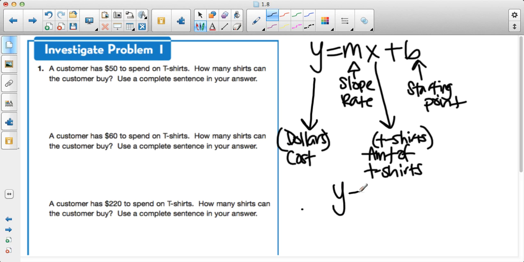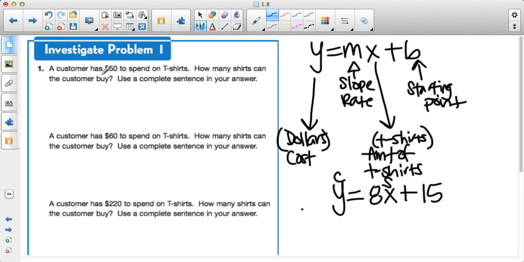I know y equals, well, what I'm multiplying consistently by my t-shirts was 8 times my x plus, and my starting amount is 15. So my whole formula is y equals 8x plus 15. If you want to use cost for that, that's fine. If you want to use S for t-shirts, that's fine.